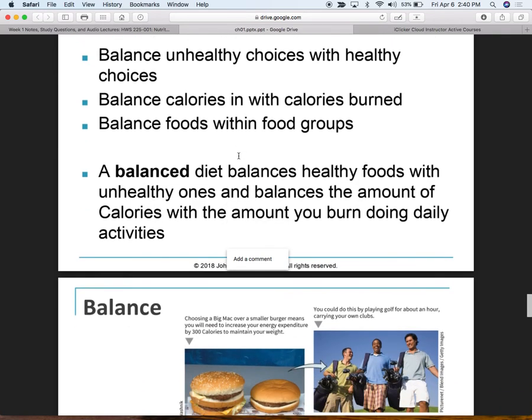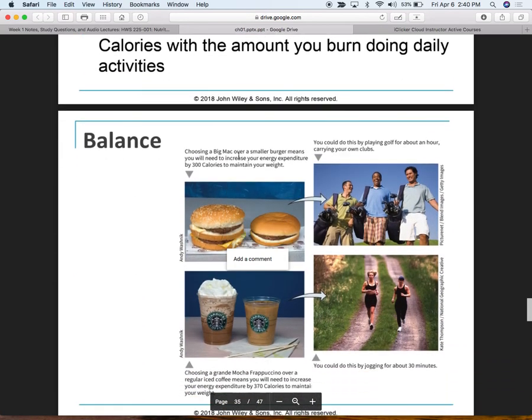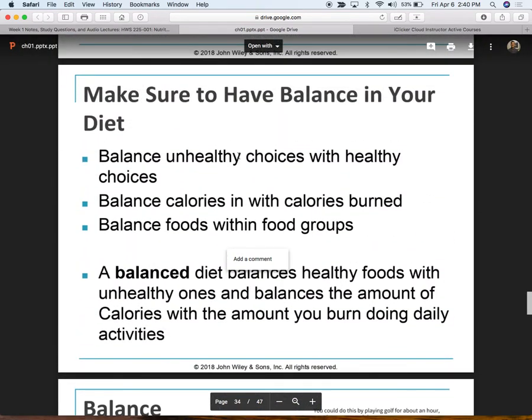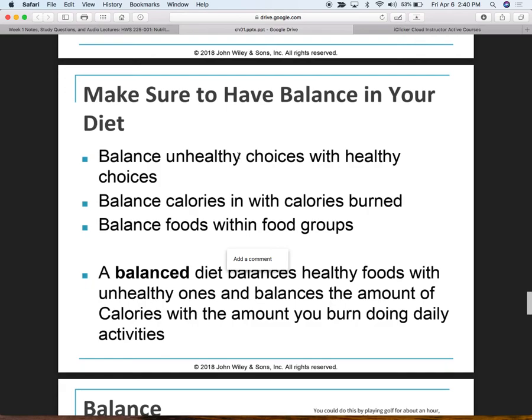So balance, the book's idea of balance, is kind of interesting. We are complex biological systems, and we have to appreciate that food is more than just nutrients, and that we're not robots. We don't just want to eat plain salads all the time, or plain cooked chicken with salad all the time, right?